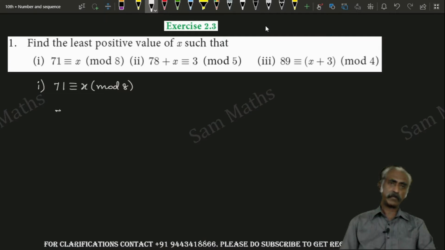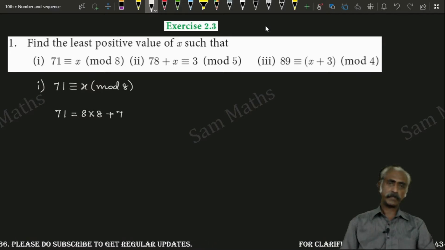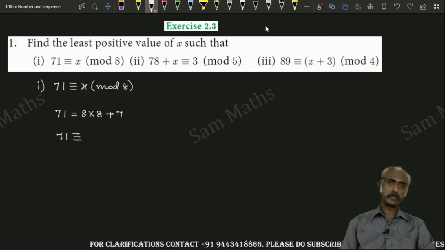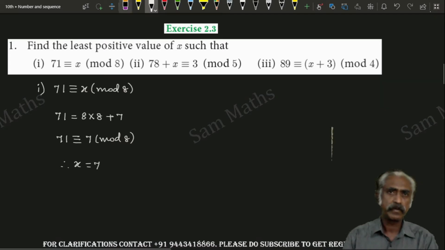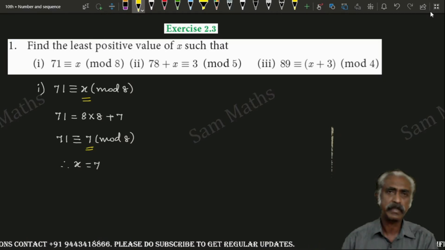While dividing 71 by 8, 71 is equal to 8 into 8 plus 7. 8 8s are 64, 64 plus 7 is 71. Therefore, we can write 71 is congruent to 7 mod 8. Therefore, x equal to 7. Just compare this x and this final step, which gives x equal to 7.